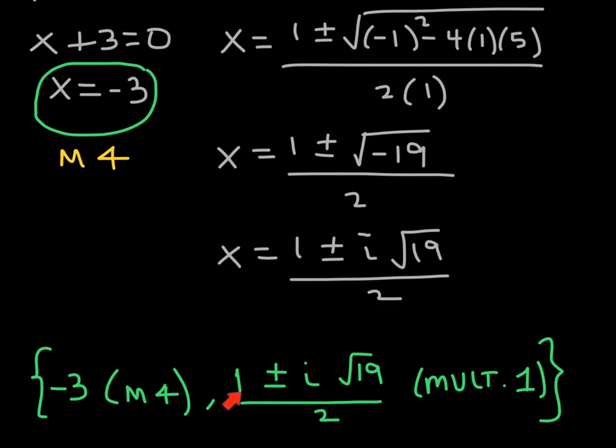One is 1 plus i root 19 all over 2, and the other one is 1 minus i root 19 over 2, okay? So when you count all the zeros, including their multiplicity, you get 1, 2, 3, 4, and then 5 and 6, okay? 6 altogether, and notice we said in the beginning, this polynomial is degree 6. Once again, the number of zeros matches the degree of the polynomial function.